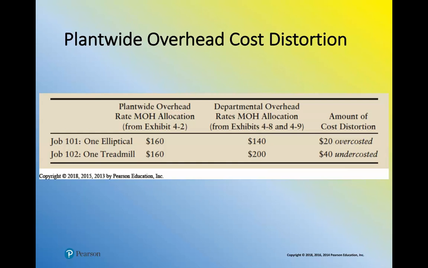So maybe we're underpricing those, or maybe we're selling those as one of our staples because we think we're making some good money off of it. Well, maybe the amount of resources required isn't going to give us that true picture. So the more information we have, the more accurate we can allocate that manufacturing overhead, the better decisions we can make as a business, as a decision maker.